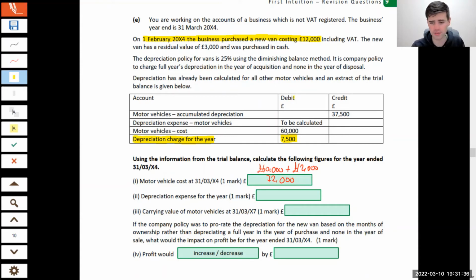I've just said I bought this van for £12,000. And I'm also told how I'm going to deal with it: 25% using the diminishing balance method. And it's a company policy to charge a full year's depreciation in the year of acquisition and none in the year of disposal.